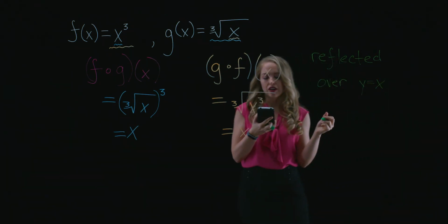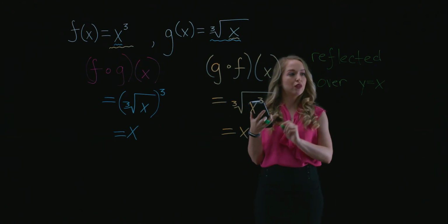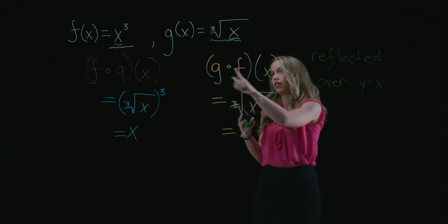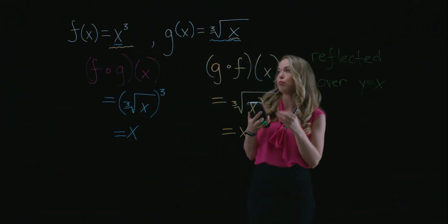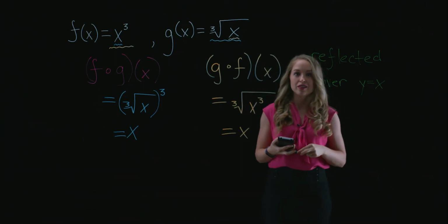So if we imagine on our graph that we were to plug in perhaps a dotted line on the y equals x line, we will see that both of these functions are reflected over that line. They're mirror images over that line. And that's it. That's all three parts of this problem.